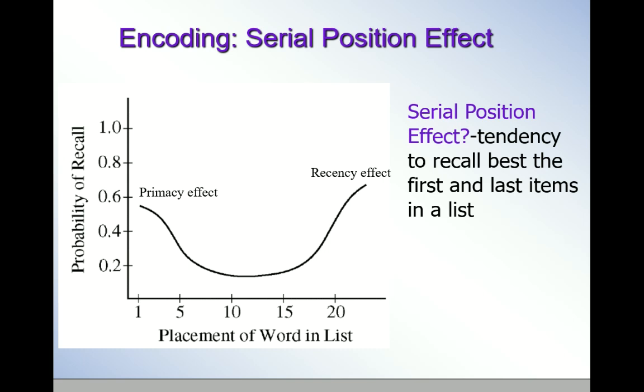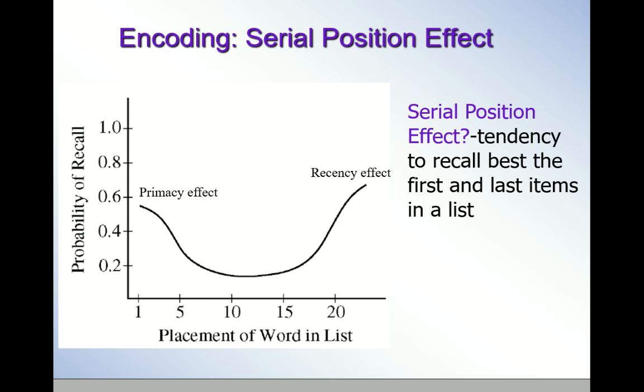All right, draw this graph on your notes. Write this down. You need to know what is the serial position effect. Also, make sure you know primacy effect and recency effect. So that's three terms: serial position effect, primacy effect, recency effect.